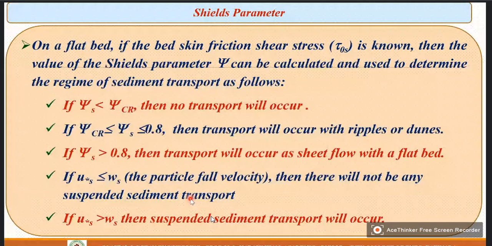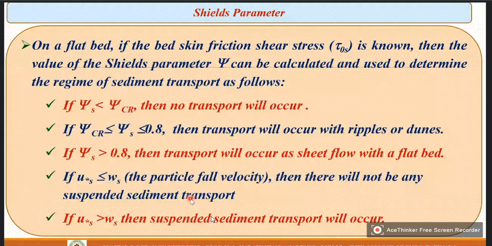If psi exceeds the value of 0.1, then it is almost certain that the bed is moving. So if psi is greater than 0.03, there is a likelihood of sand grain movement, and if it is greater than 0.1, then the entire bed will be moving.